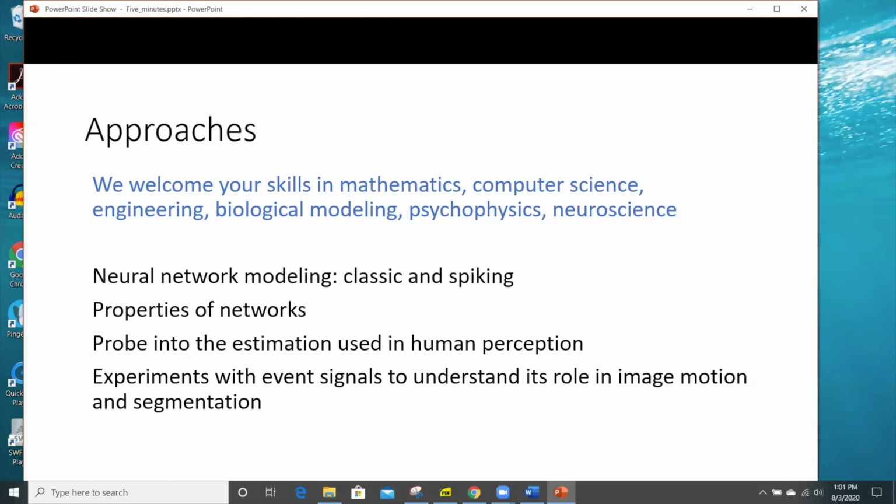And we hope that this will become an interdisciplinary project. And if you have skills and are interested in mathematics, computer science, engineering, biological modeling, psychophysics, or neuroscience, please join it. So thank you.